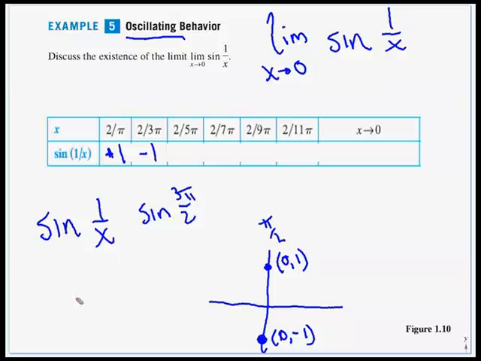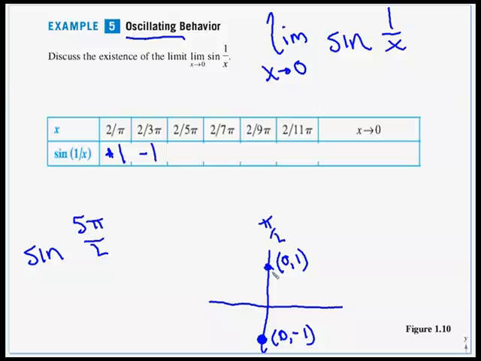If we plug in the next given x value, 2 divided by 5 pi, again we would invert and multiply, and that would be the sine of 5 pi over 2, which takes us back up here to positive 1. And 2 divided by 7 pi, we would have the sine of 7 pi over 2, which takes us back down here, which is negative 1. And you're going to notice a pattern. Plus 1, minus 1, plus 1, minus 1, plus 1, minus 1.